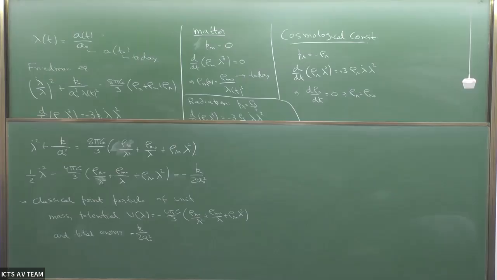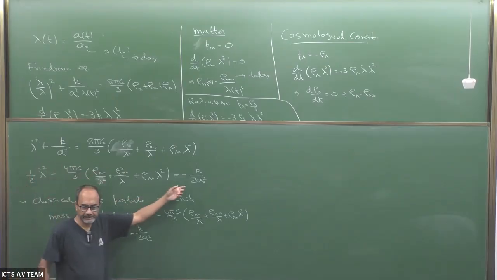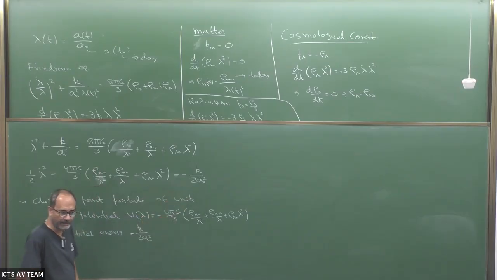Is this clear? Because this is like a kinetic term, this is a potential term, so kinetic plus potential energy is equal to total energy. That's all we are using. A one dimensional classical point particle.